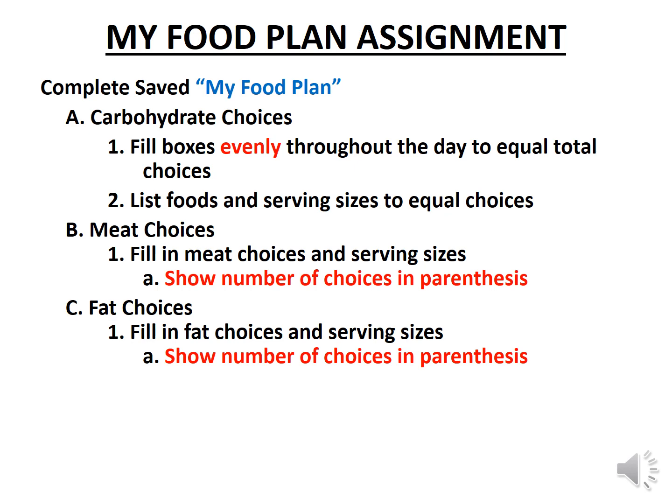So anyway, when you get to the form, what you'll notice is there's boxes on the left-hand side, and those are meant to put how many choices of carbohydrates that you would have per meal. And I'll show you how to do that. Then once you put in how many you're going to have for breakfast or snack or lunch, whatever, you are going to choose foods that you would eat for that meal that would equal those choices.